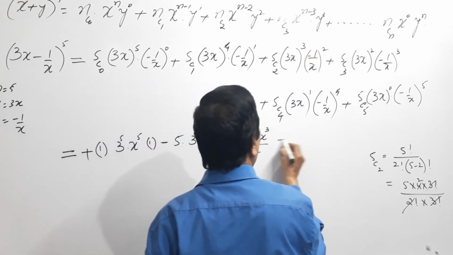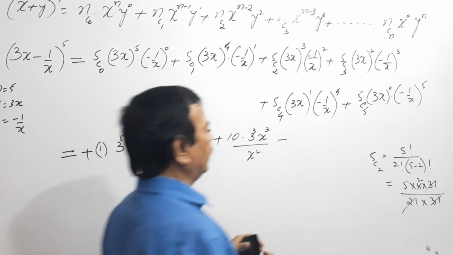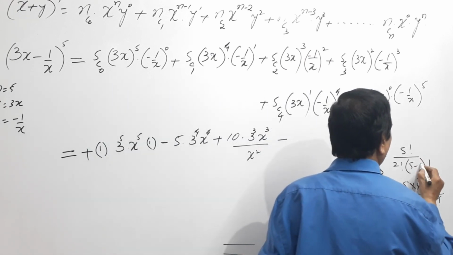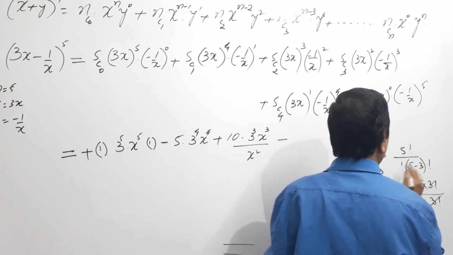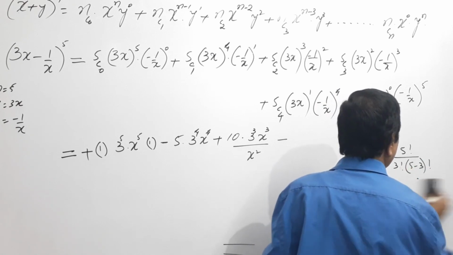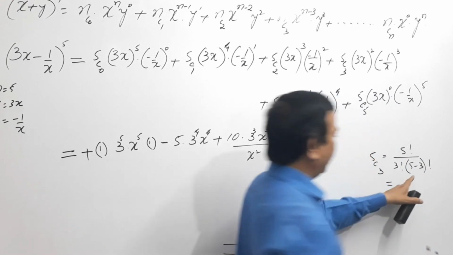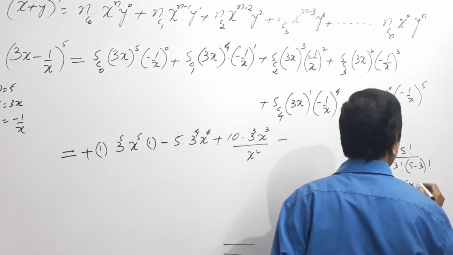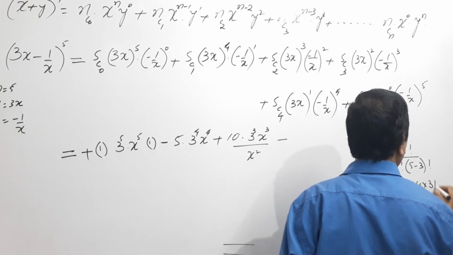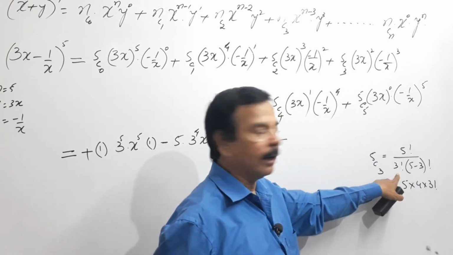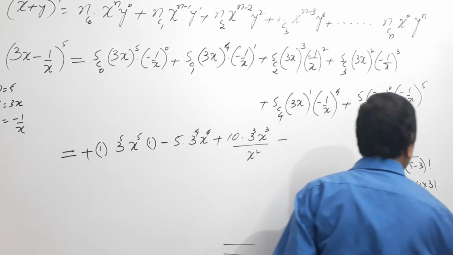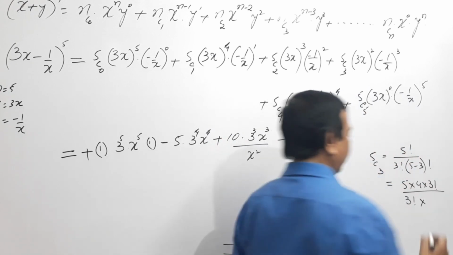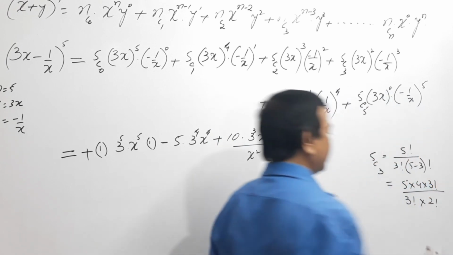Now next is minus sign. So 5c3, we will see what is 5c3. 5c3 equals 5 factorial by 3 factorial into 5 minus 3, that is 2 factorial. So 5 into 4 into 3 factorial, because I have a 3 factorial here that I can cancel, divided by 3 factorial into 2 factorial. 2 ones are 2 itself.